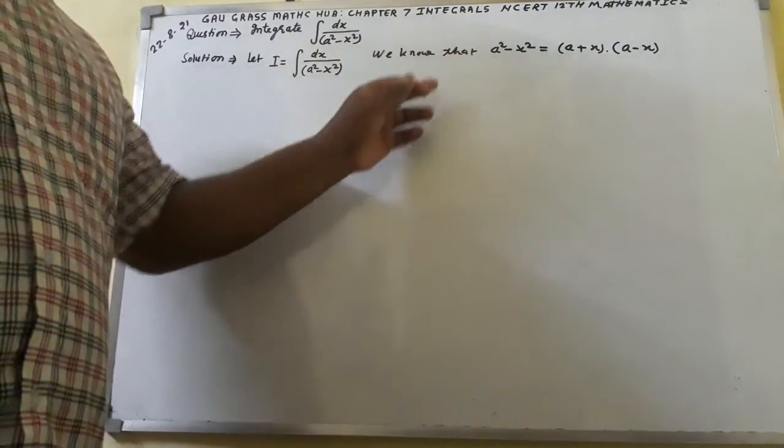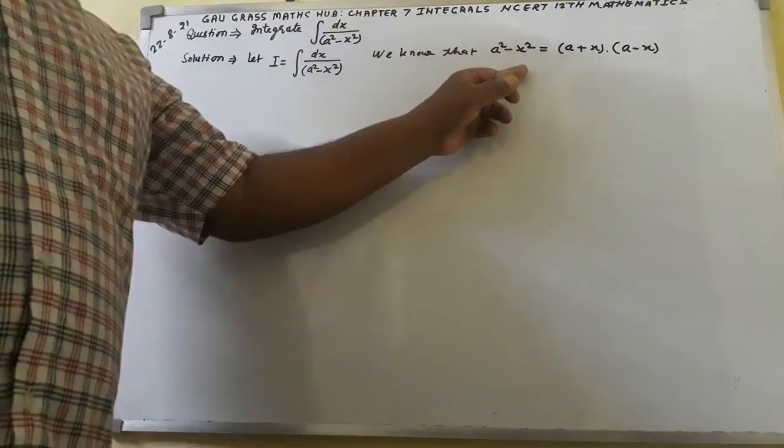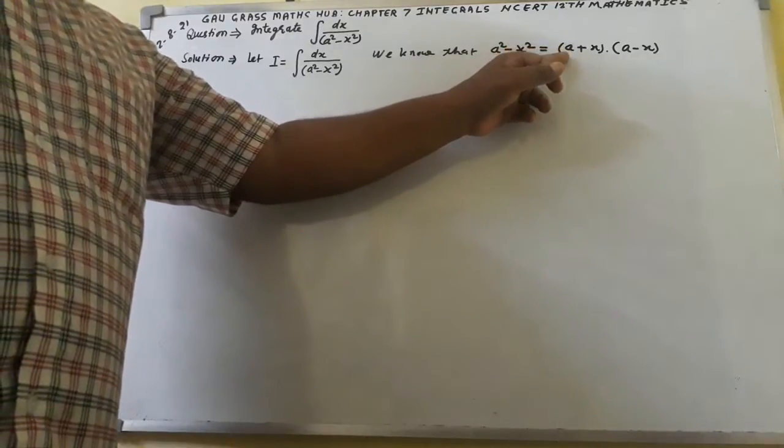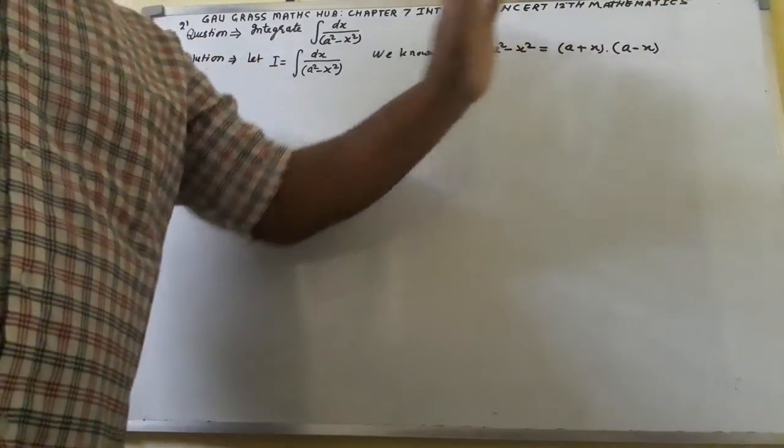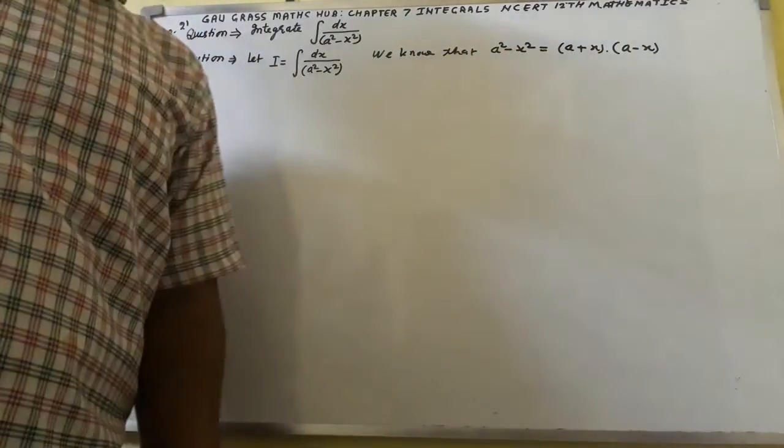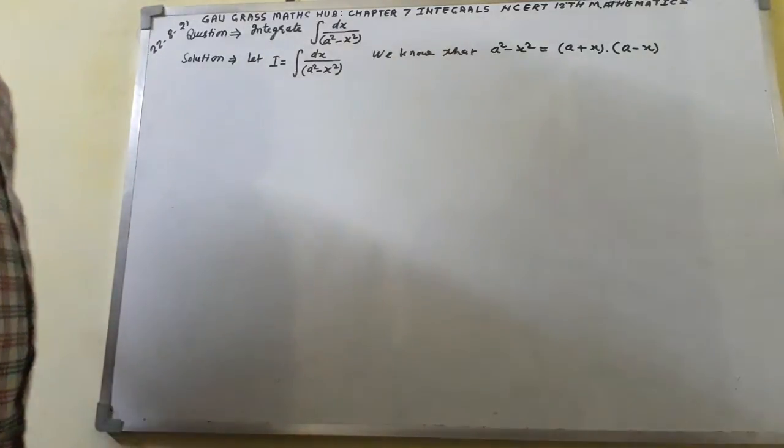On the same pattern, a square minus x square can be written as a plus x dot a minus x.